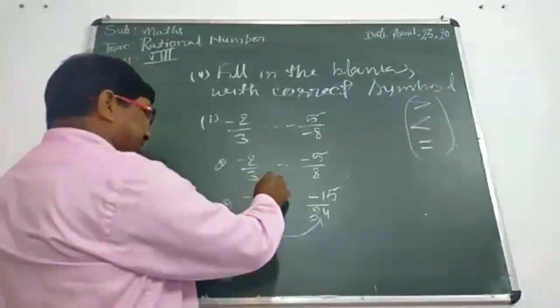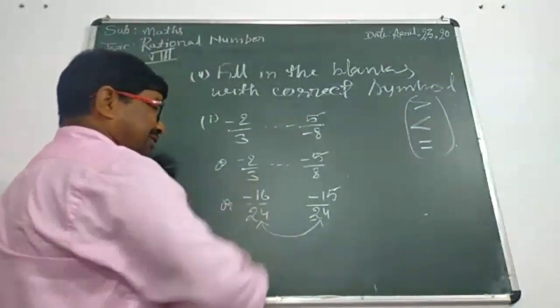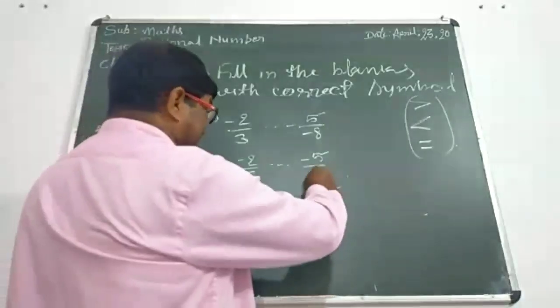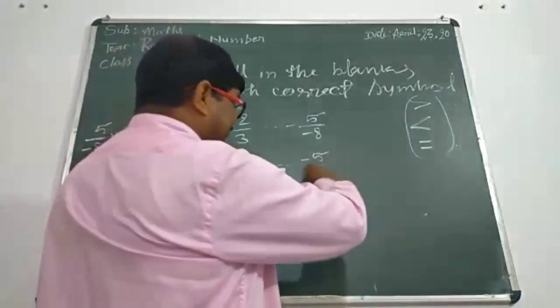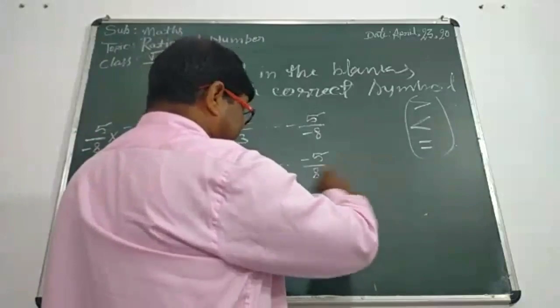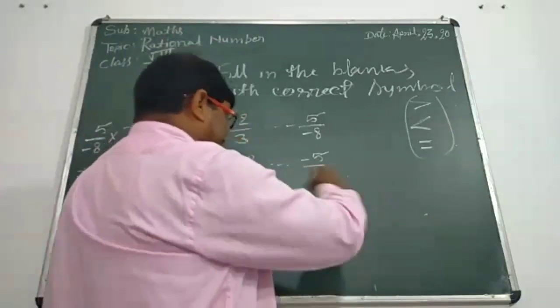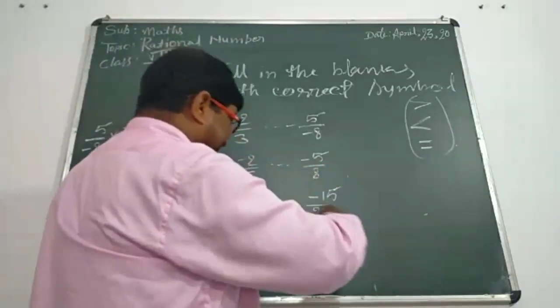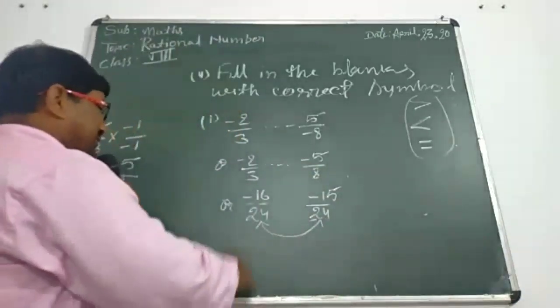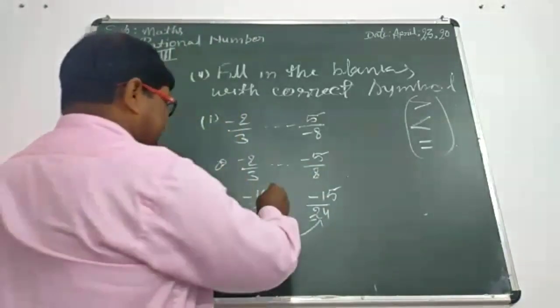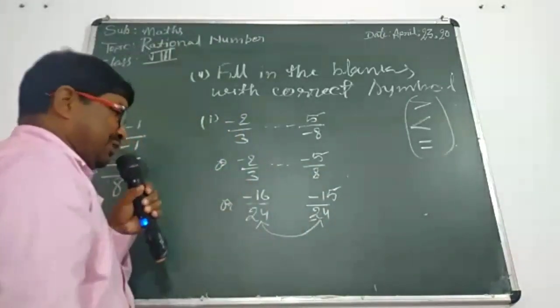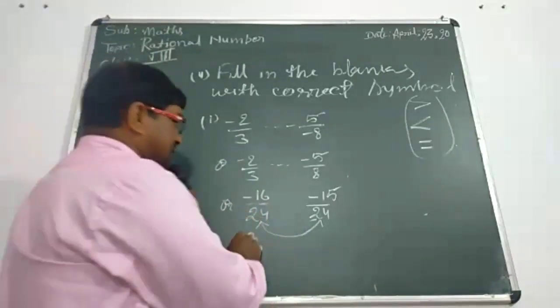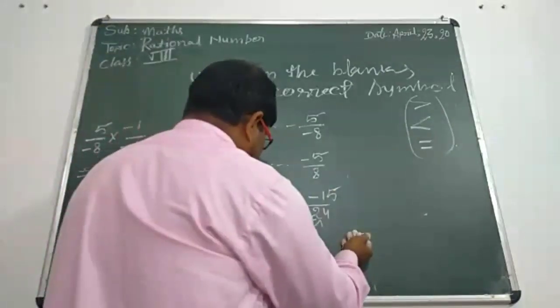This integer is on the left side of the number line, and that integer is on the right side, after locating the integers on the number line. Very good. So this is left. It means this rational number is less than that rational number.